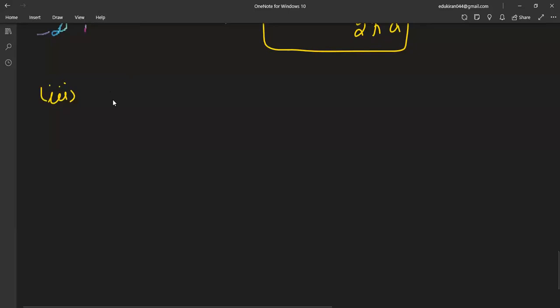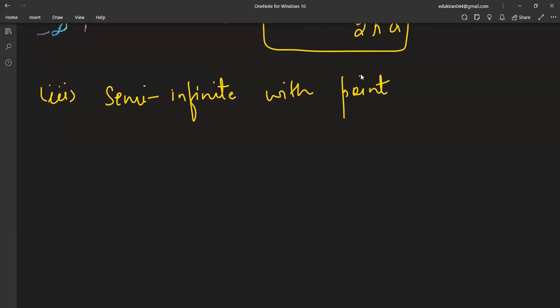The third case is semi-infinite with the point not at the finite end.